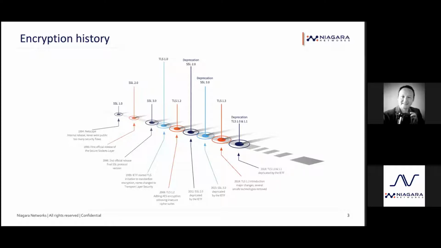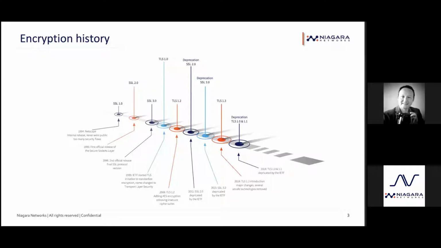Over time, it became apparent that TLS encryption was very much a necessity. So in 1999, the IETF, the organization that creates all the rules and configurations, decided that TLS was something that would become a standard.